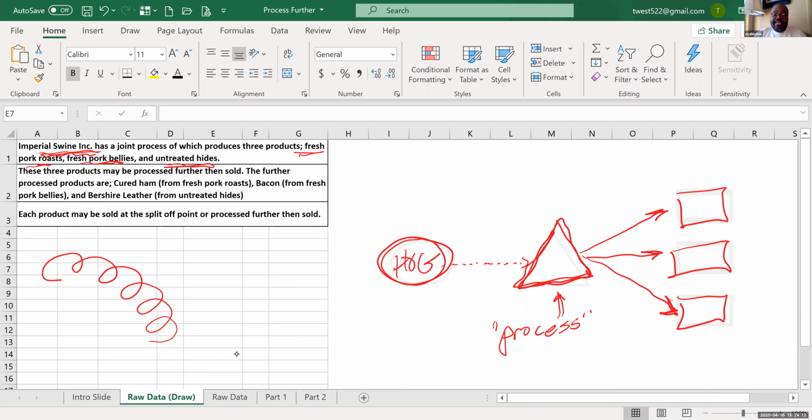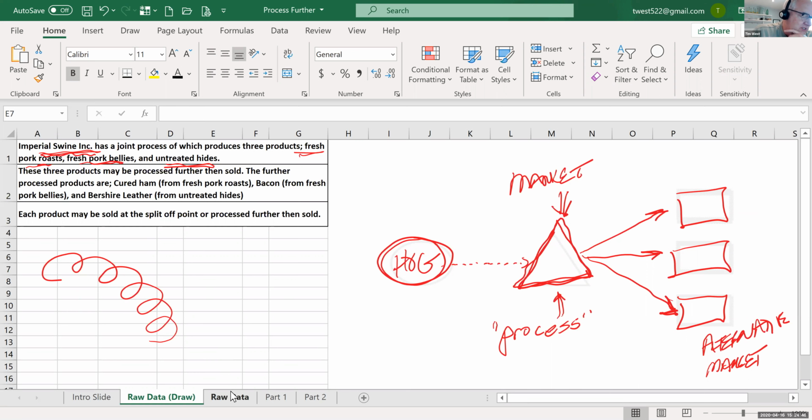We have a market now for these products right after our original processing, or we can add a little more effort to cure them and tan them, and we can sell them for a little more money. Here's the question: is the incremental revenue that we're going to earn more than the incremental cost we're going to incur for this further processing?